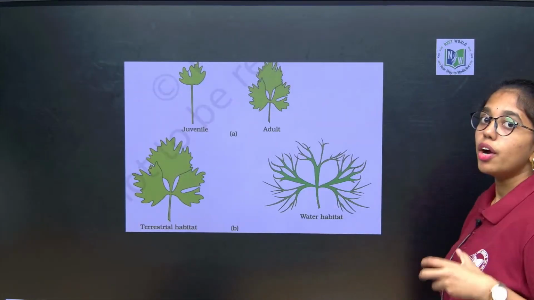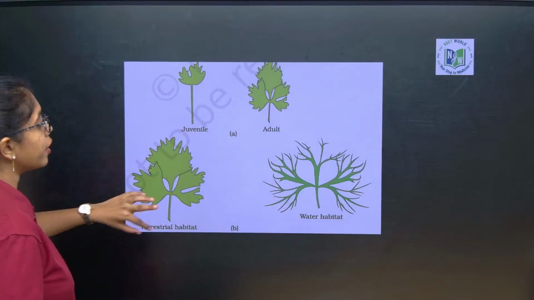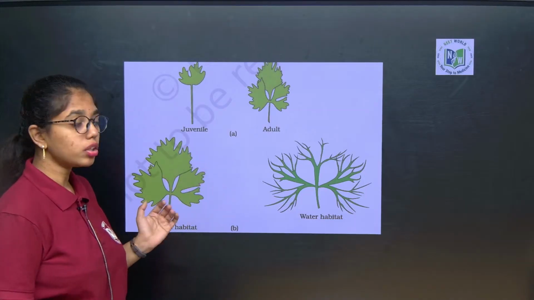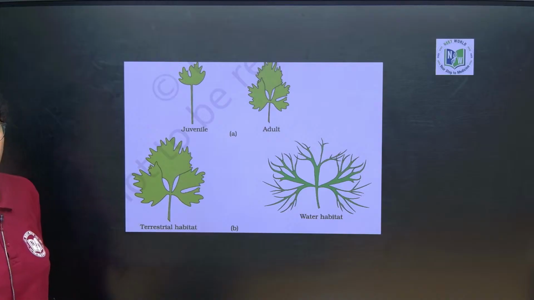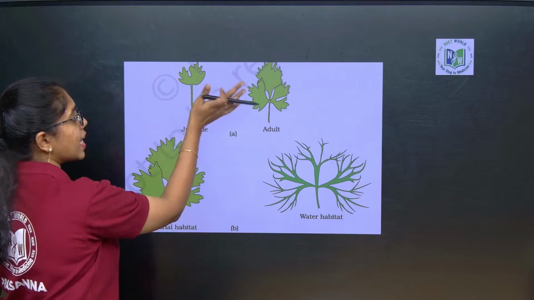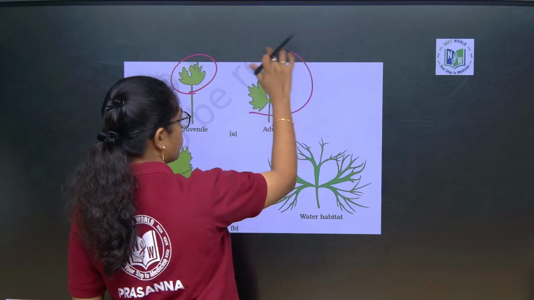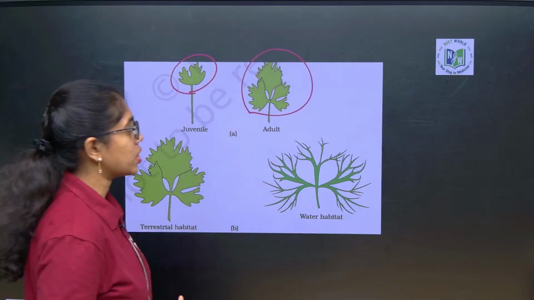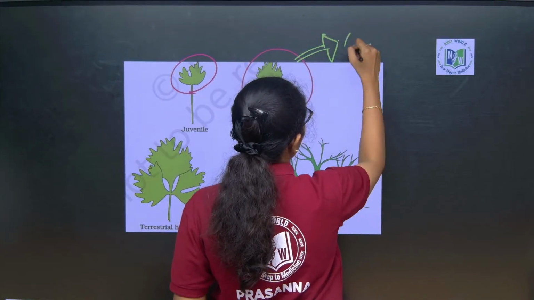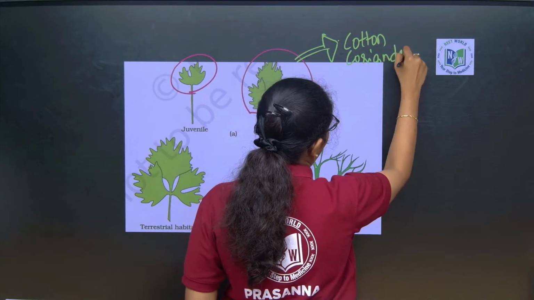And here, what is plasticity? Different developmental pathways followed by the plant, and different structures you will see in the same plant. Either it can be through phases of growth or based on the environment they grow in. One best example is heterophylly. Based on the phases of growth, you can see one structure in the juvenile phase and another in the adult phase. Best examples for heterophylly by phases of growth are cotton, coriander and larkspur.